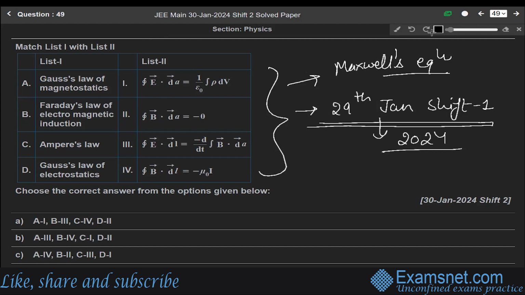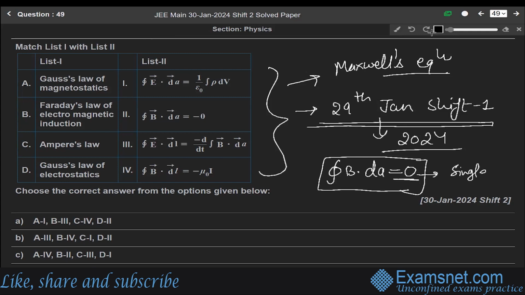It means the integration of B dot dA equals 0, meaning the total magnetic flux passing through a closed surface is always 0. This equation also says that a single monopole does not exist.